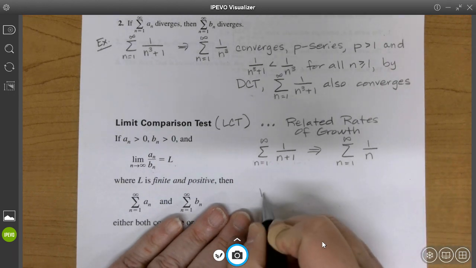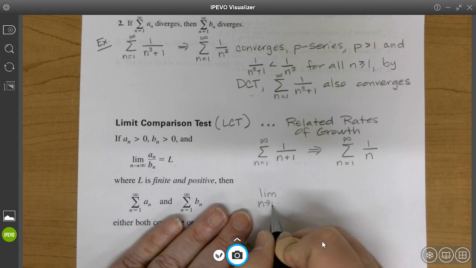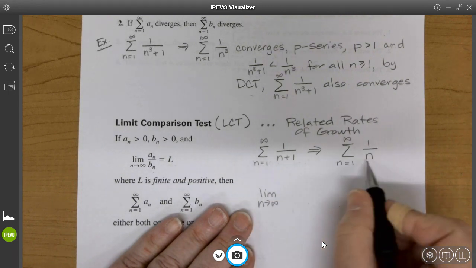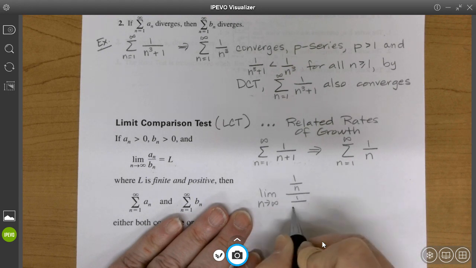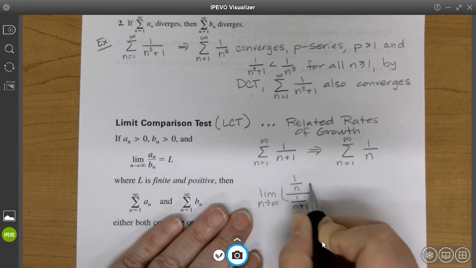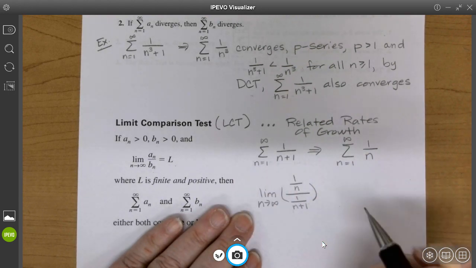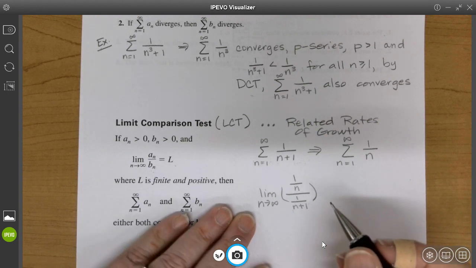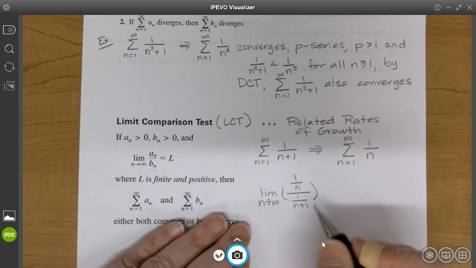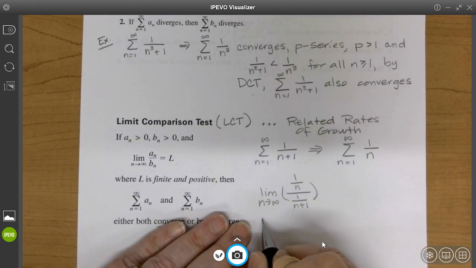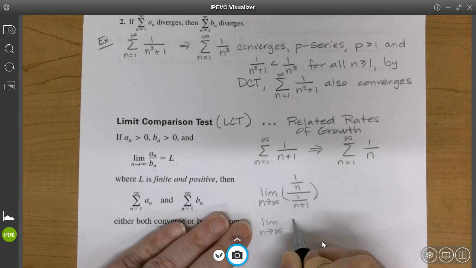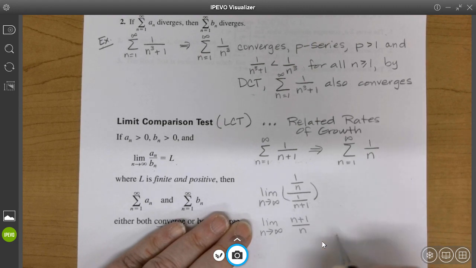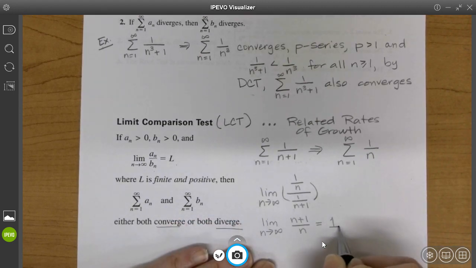So let's see, we're going to take the limit as n goes to infinity of, and it doesn't matter which one you put over each other, so let's just put 1 over n over 1 over n plus 1. It really doesn't matter because the ratio will either be a number or it won't be a number no matter which direction you do this, okay? So this will be the limit as n goes to infinity of n plus 1 over n, and this equals 1.